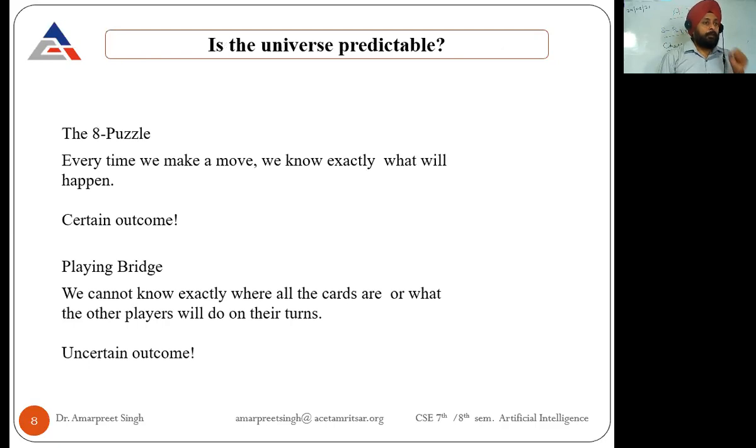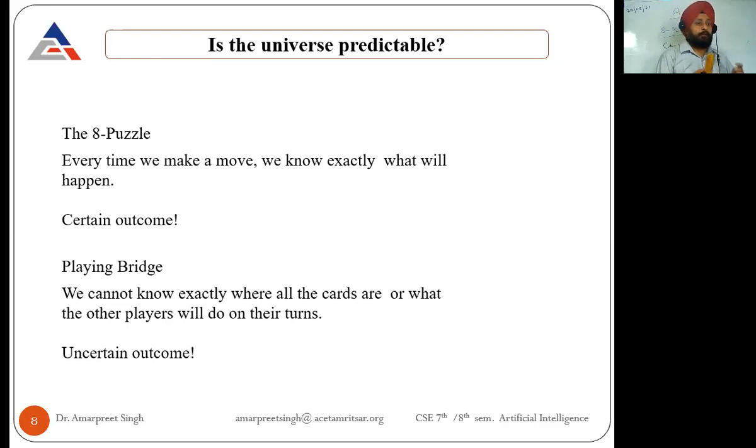Is the universe predictable? Means you know what can be the outcome, or whether the outcome will be there or not. If you are certain that by going through this method you will definitely get some outcome, whether the outcome is right or wrong, then we say the universe is predictable.